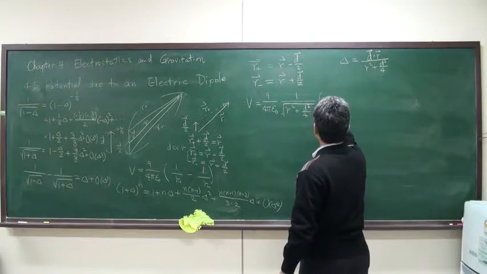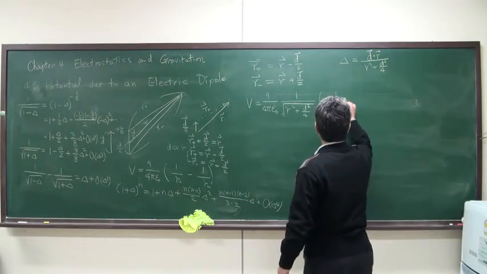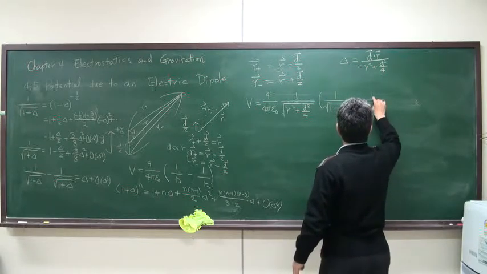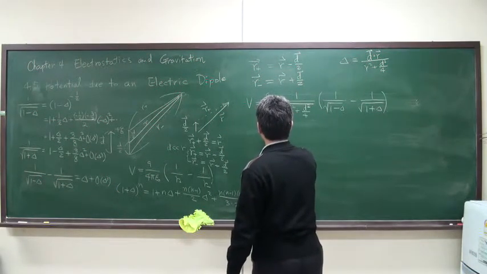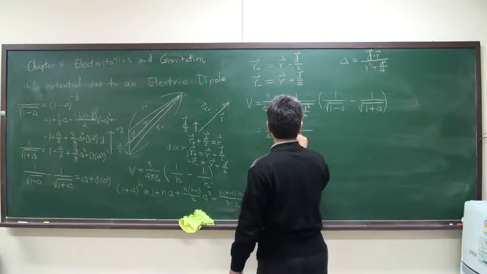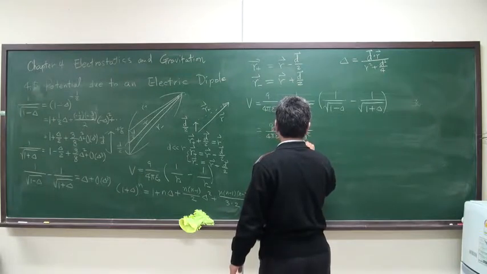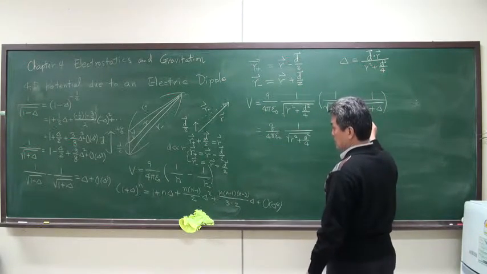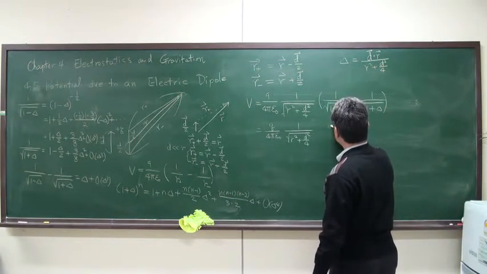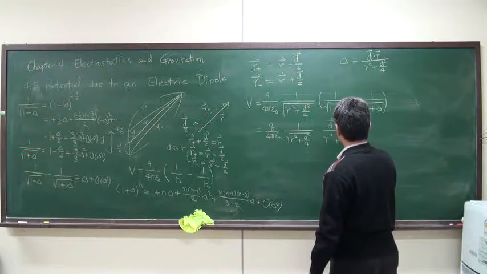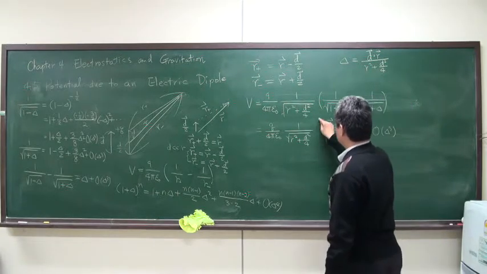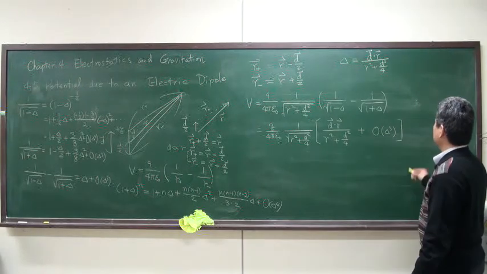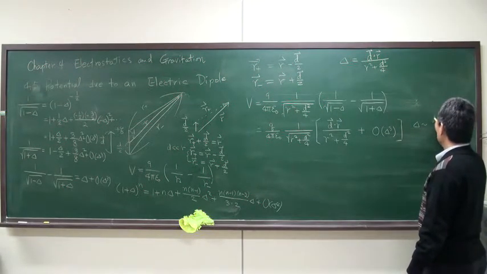And then substitute this one. And the result is delta plus order delta cubed. So delta was scaled by d over r.